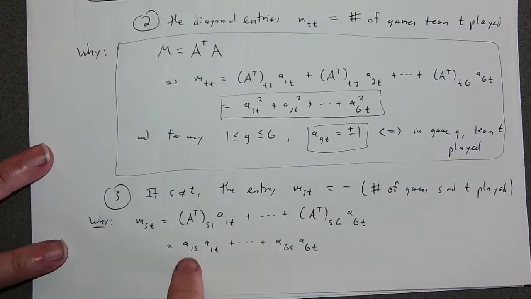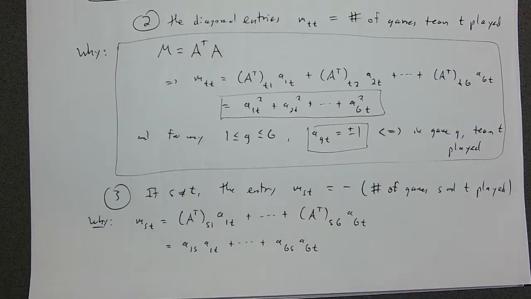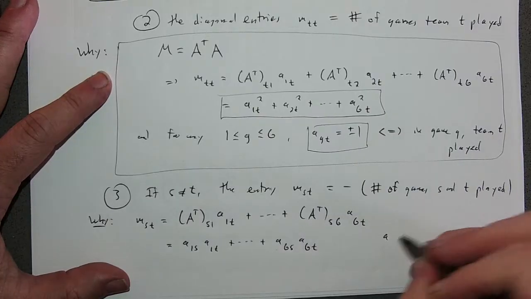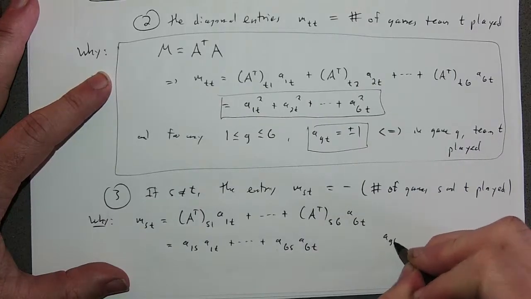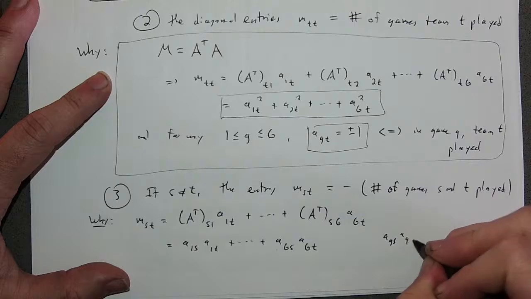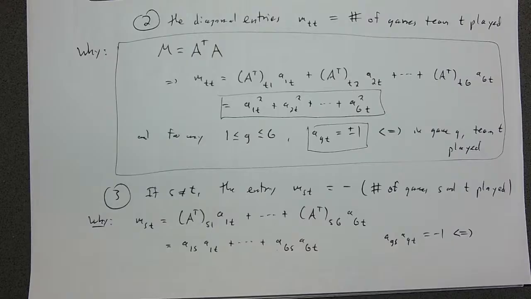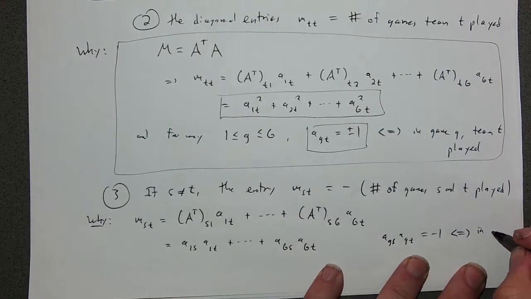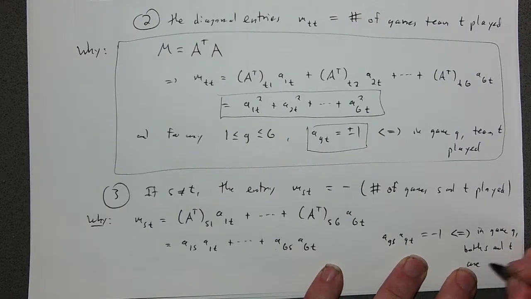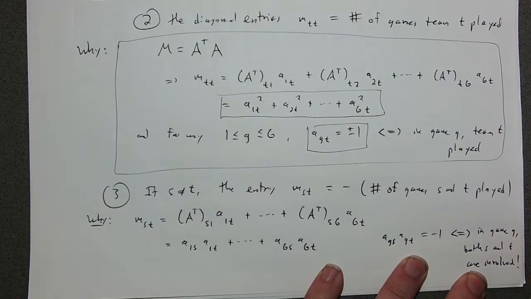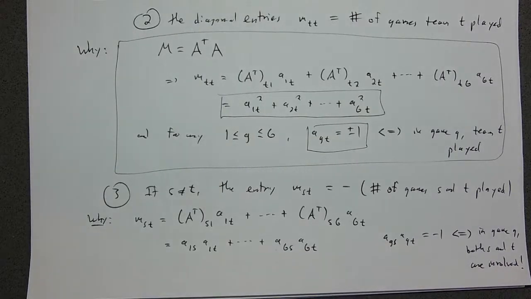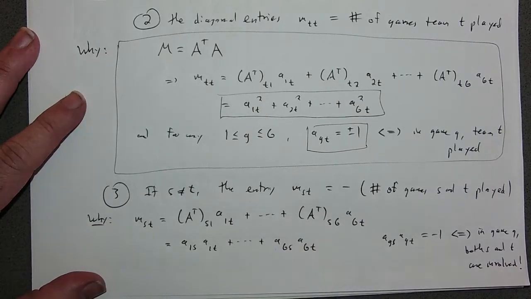But the thing about multiplying these, what are these products here? AGS and AGT is equal to -1 if and only if in game G both teams S and T are involved. So, if in your game G either S or T is not involved, this is 0.